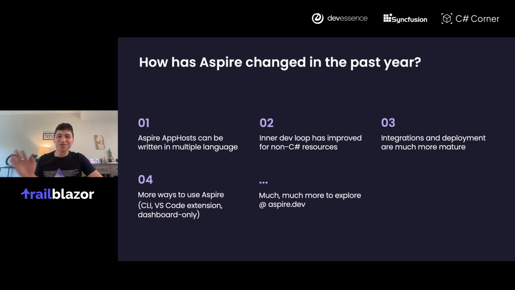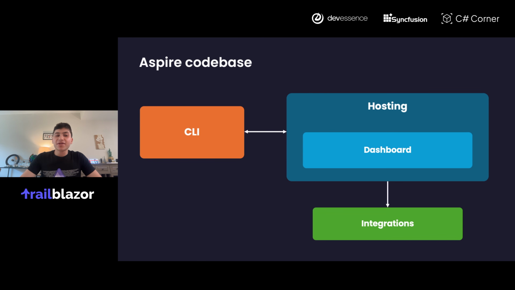There's much more to explore. We have a website at aspire.dev, and it's great. It's very informative. Would highly recommend you check it out. But for now, let's talk more about how we actually use Blazor and dotnet.